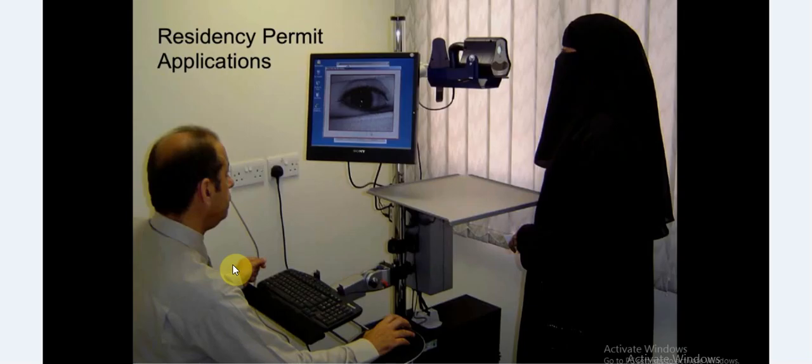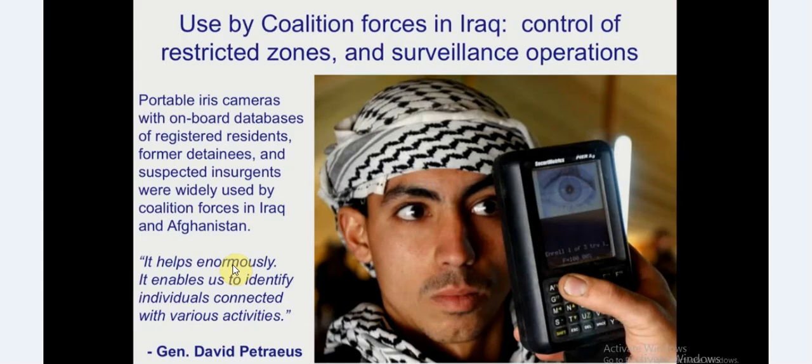This is another example of an iris recognition system in residency permit applications. Also, during the First Persian Gulf War, the US forces used iris recognition in order to identify individuals who were connected with various activities.